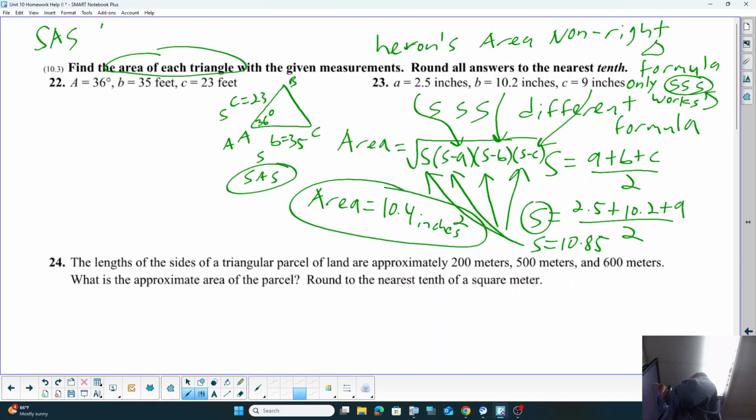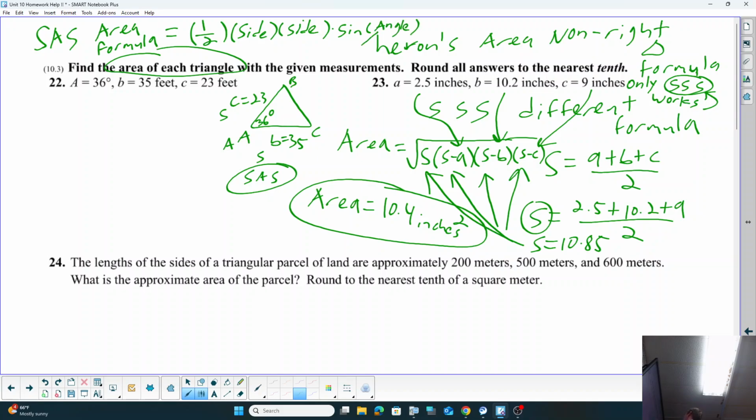If you have the side angle side area formula, which is 1/2 times the side times the other side times sine of the angle.